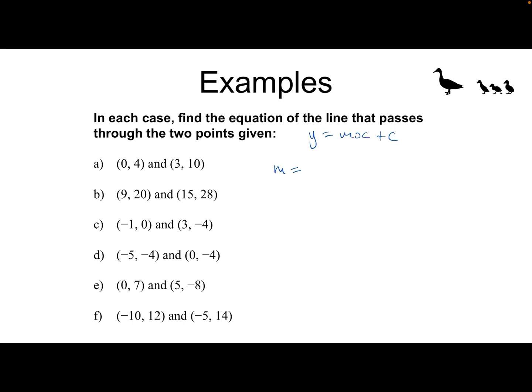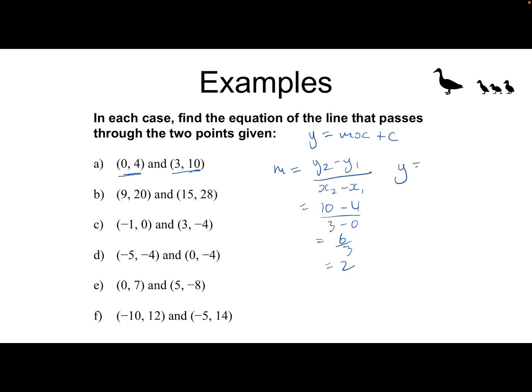A couple of weeks ago, we learned that the gradient has this formula, y2 minus y1 over x2 minus x1. Please don't get that the wrong way round. So we're going to do 10 minus 4 over 3 minus 0 equals 6 over 3 equals 2. So we know the gradient of the line between these 2 points is 2.